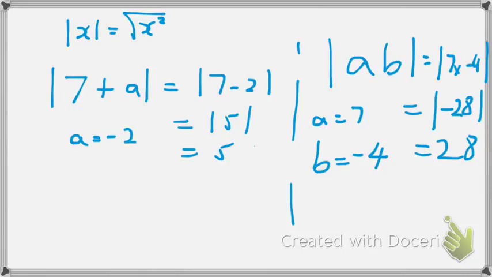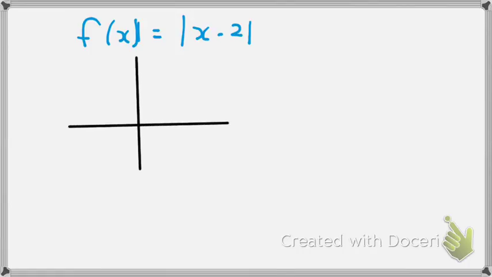If we want to sketch some functions, so let's say my function is the absolute value of x minus 2, for instance, and I wanted to sketch that. If I draw the line y equals x minus 2, it looks like this.